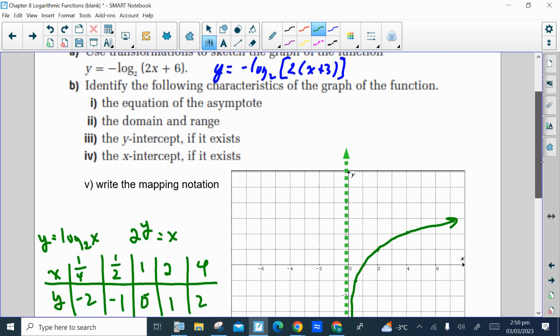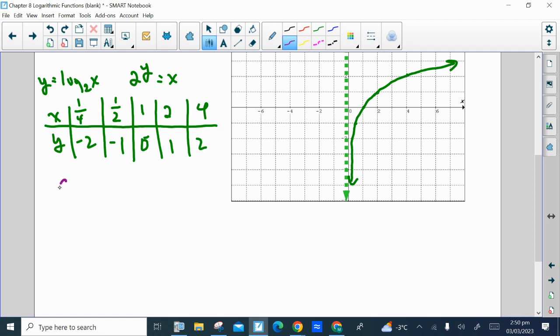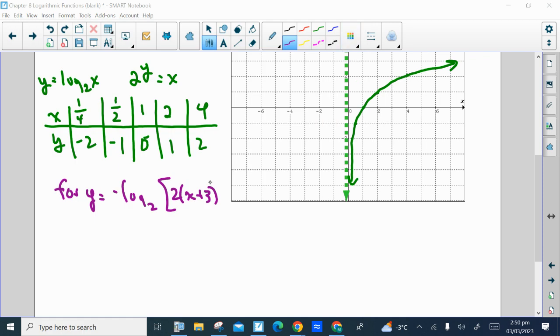Now, our new one is y equals negative log base 2 of 2 bracket x plus 3. The fact that a is negative means that we're going to have a reflection about the x-axis.